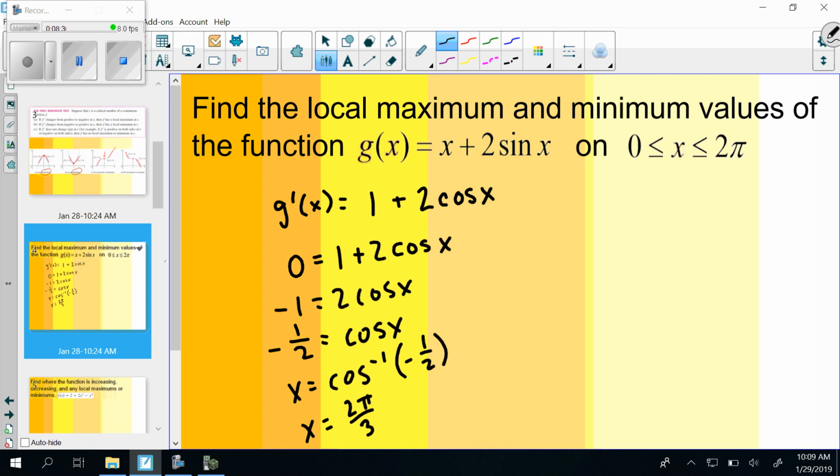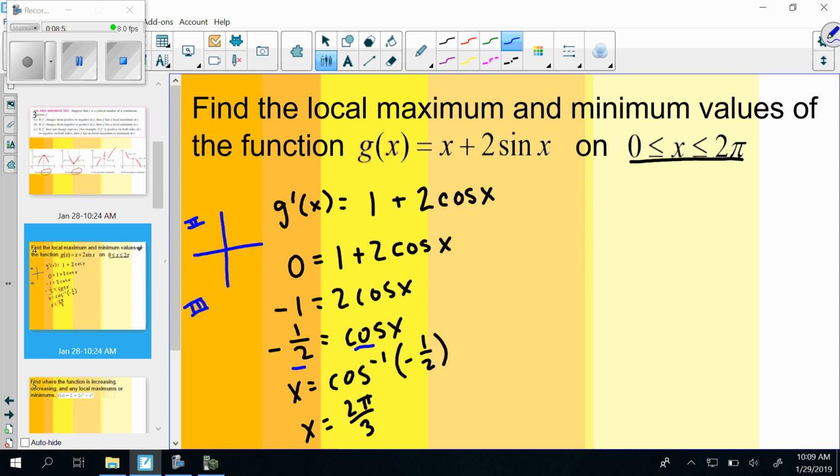But this is on the interval from 0 to 2 pi, so we want to figure out, is there any other value here? Well, remember cosine is an x value, and it's negative. So which quadrants would have negative x values? The second quadrant, but also the third quadrant.